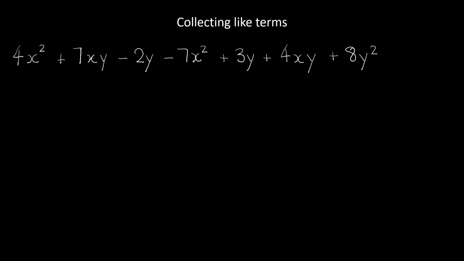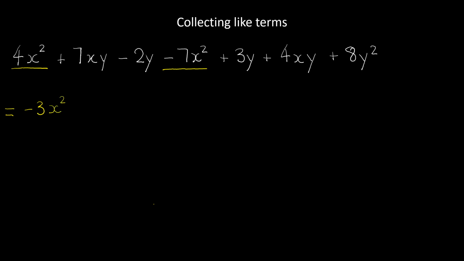So we'll start by finding things that look like each other. Our first term is an x squared. So let's have a look through and see if we can find any other terms that have x squared and nothing else. There's one here, minus 7 of them. So let's collect those. So I've got 4 minus 7, which is minus 3x squared.